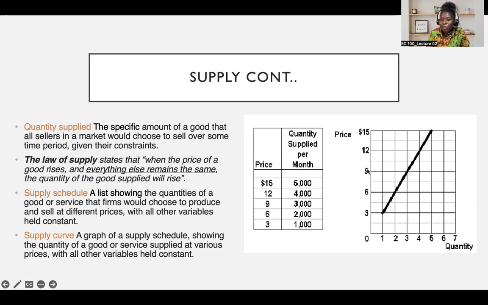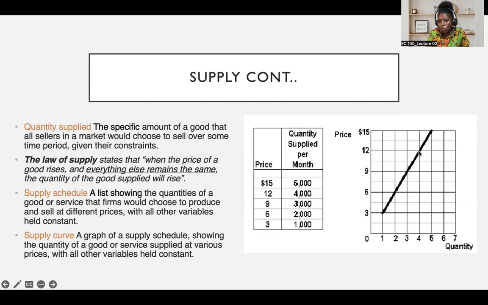When the price increases to $9, that means more supply. So they will increase their supply from 2 to 3. So the change in quantity supplied will move from this point here to this point. This change has happened along the same curve, okay?